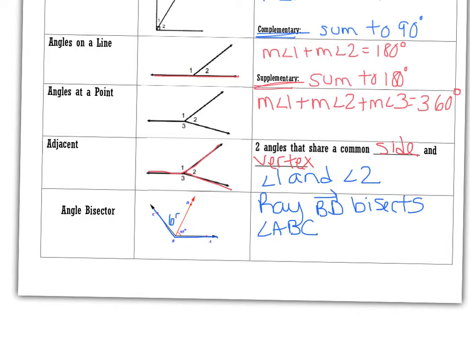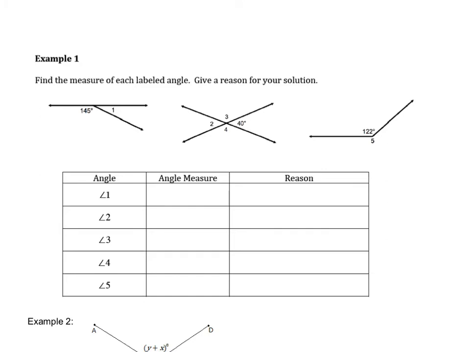That means that this angle DBC is 65 degrees, which we see because that equals DBA. So we talked about segment bisectors, which cut the segment in half. An angle bisector cuts the angle in half. All right, we're going to do a few examples with this.